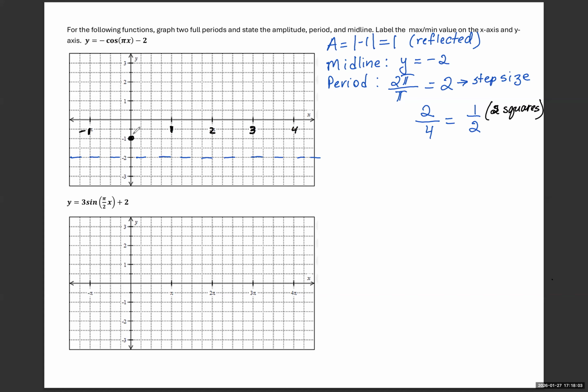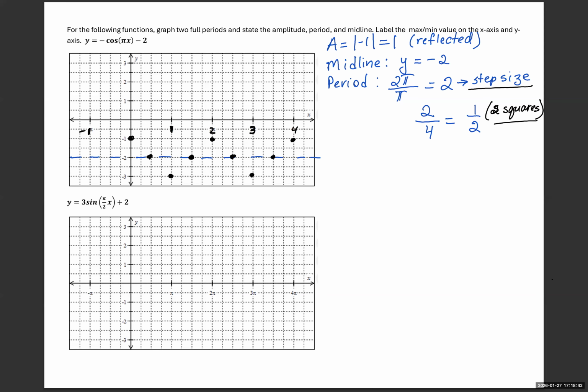These are placeholders. 2 squares to the right, or 1 step size to the right, we will go into the x-intercept, then we'll go into a min, 2 more squares to the right, then x-intercept again on our new x-axis, on our new midline, then into the max, x-intercept, min, x-intercept, and max. Now, if this was the regular cosine function, that would have been it, but it is reflected.